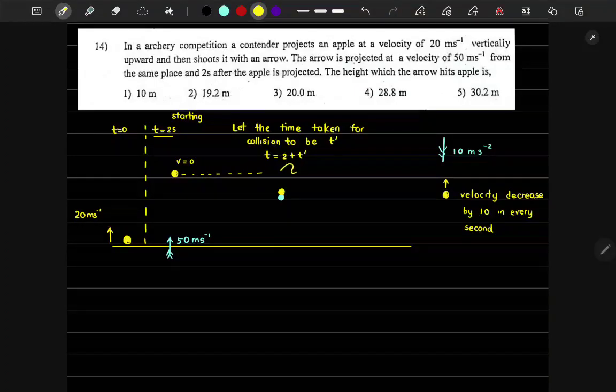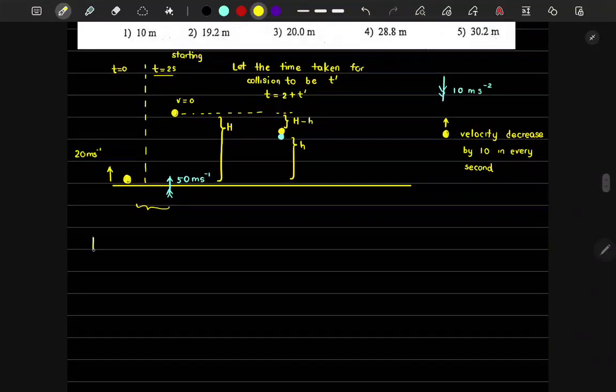Then they are asking us the height at which the arrow hits the apple. So let's take this as simple h which we need to find, and let's consider this as capital H. We can find that from this motion. So this would be H minus h. Now, first of all, before finding simple h, let's find out what capital H is. We can apply s equals ut plus half at squared for the apple.